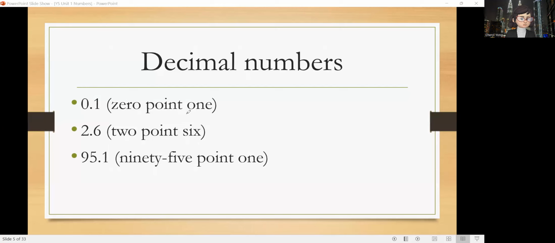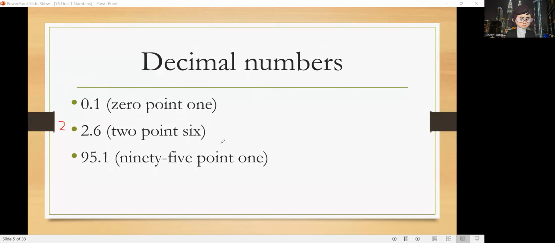Okay, so this is how you write the decimal numbers in words. 0.1 is a decimal number in between 0 and 1. 2.6 is a decimal number in between which two numbers?